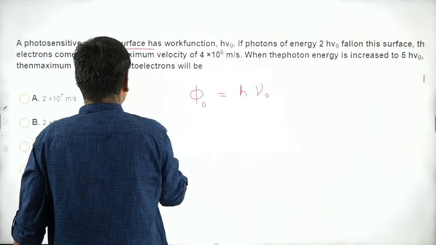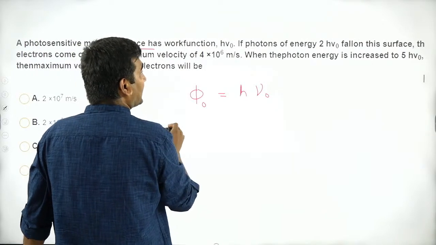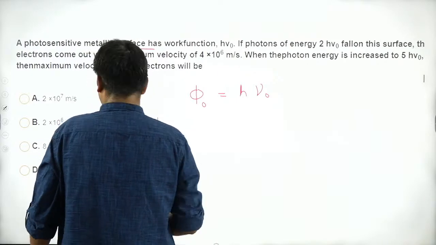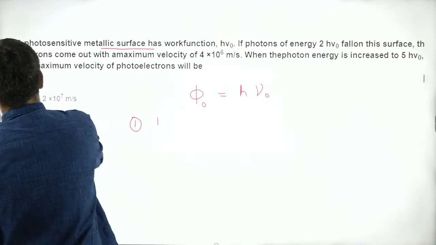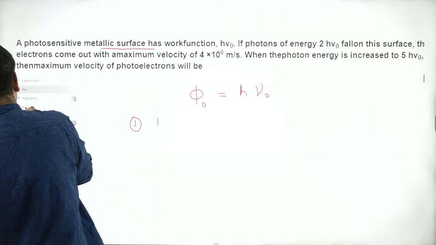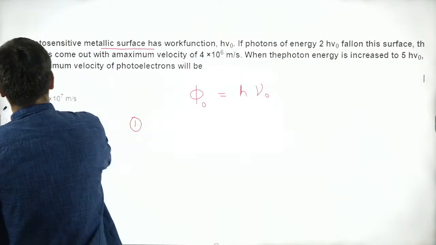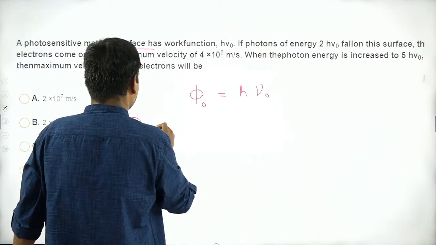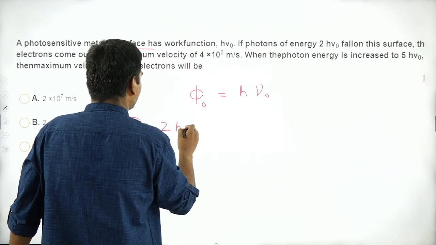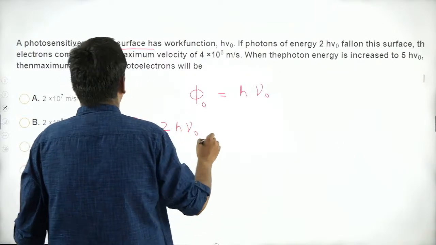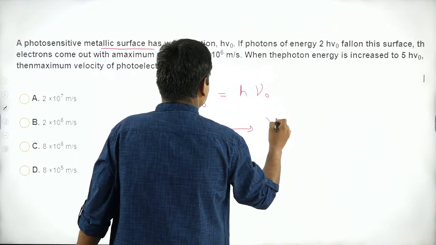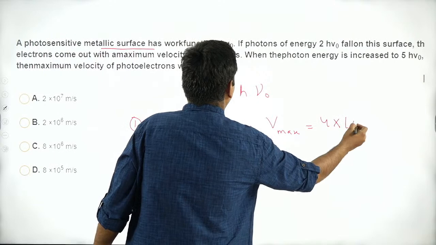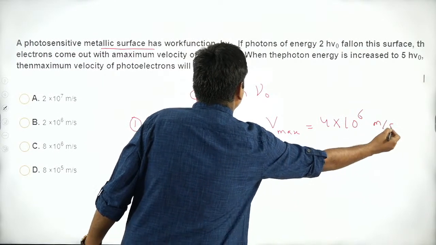In the first case, when I am supplying the energy as 2 h nu naught, I am getting a Vmax, maximum velocity, of 4 into 10 power 6 meter per second.